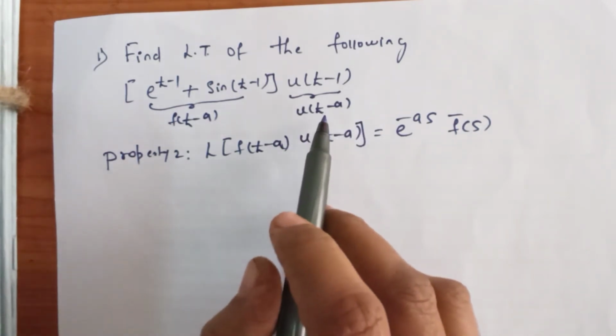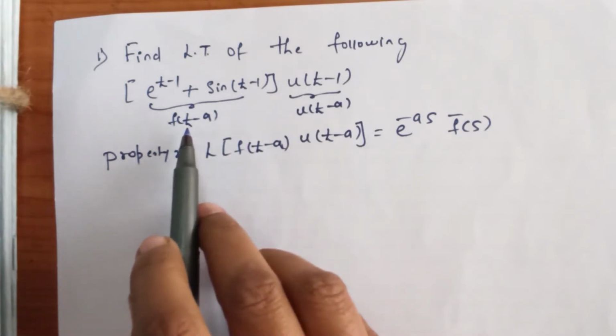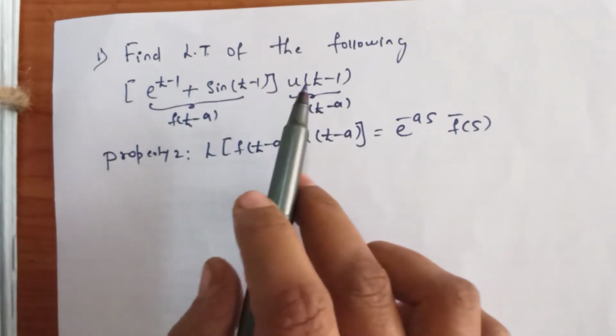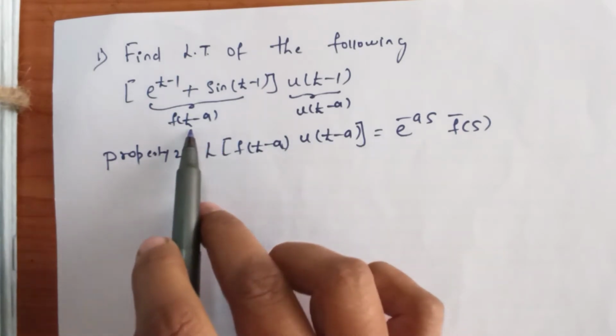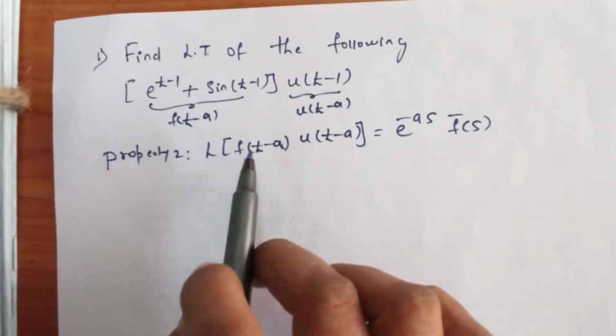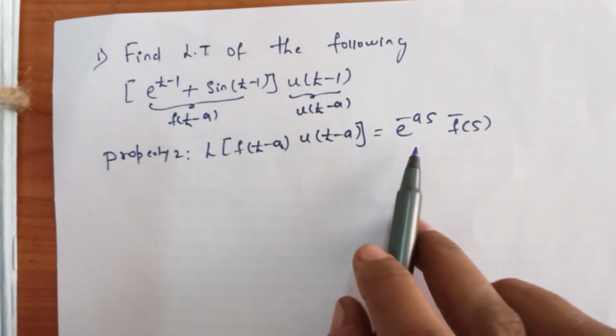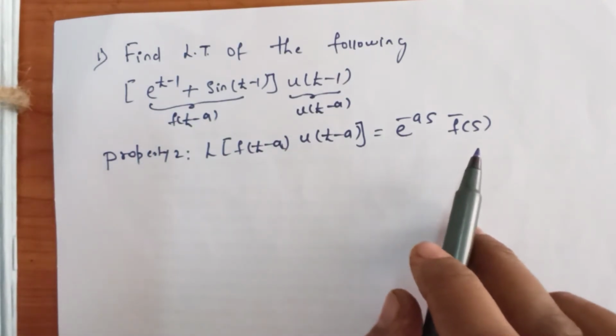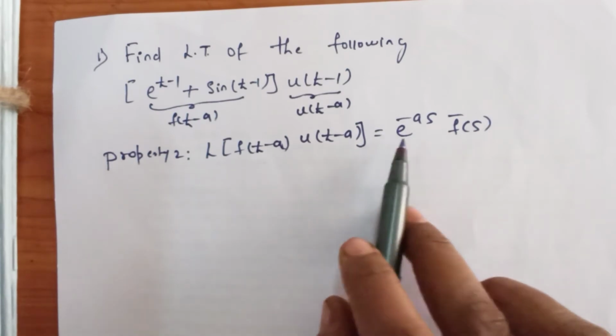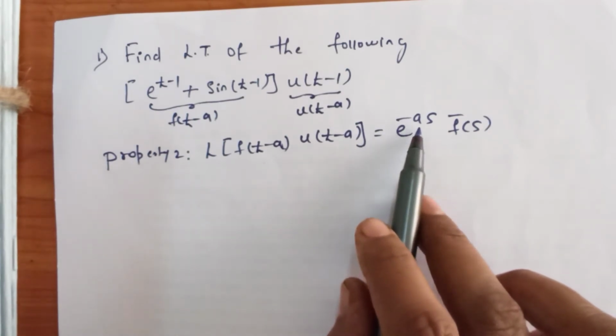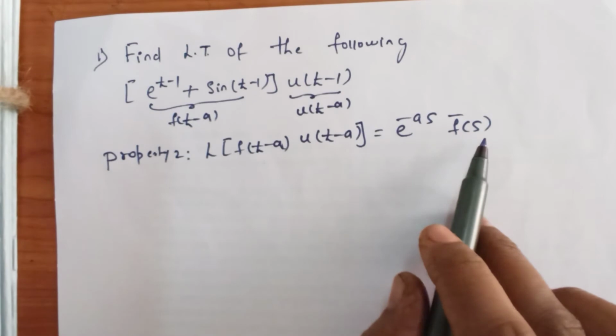So this is our u(t - a), and let us assume the function which is multiplied with u(t - a) will be our f(t - a). If we have a function of this form, we have to apply this property, that is e^(-as) into f bar of s. To apply this property we should know the value of a as well as our f bar of s.